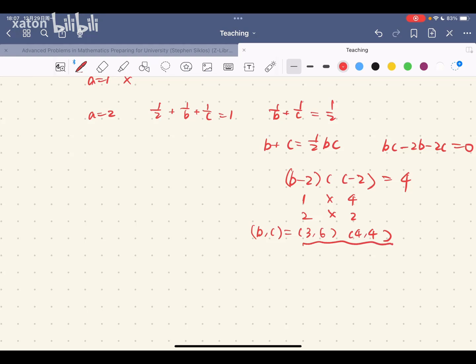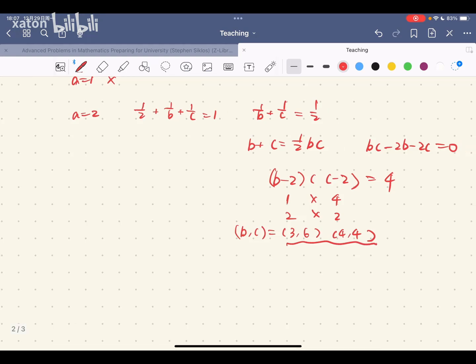This is a very systematic way to solve this kind of equation with multiple variables. We convert them into products, one multiplied by the other. Then we can use this kind of thinking.